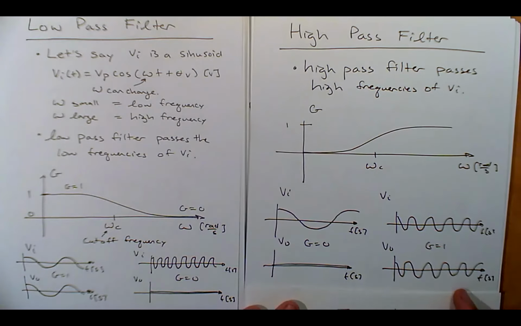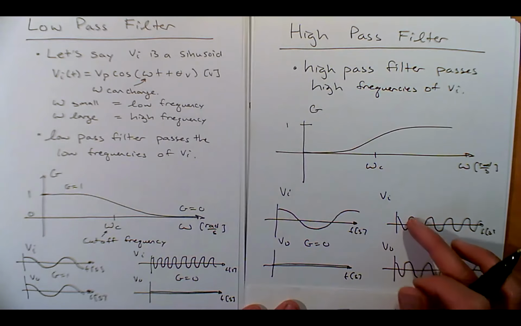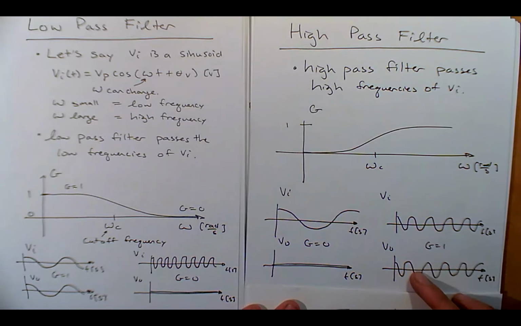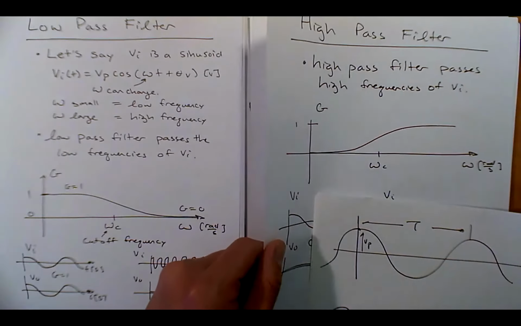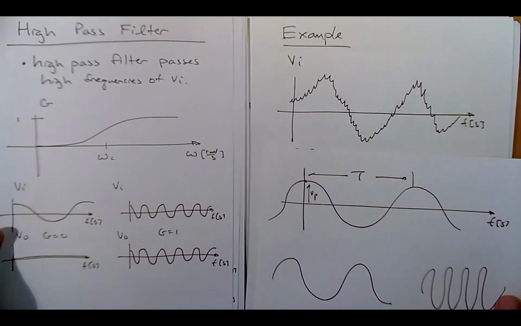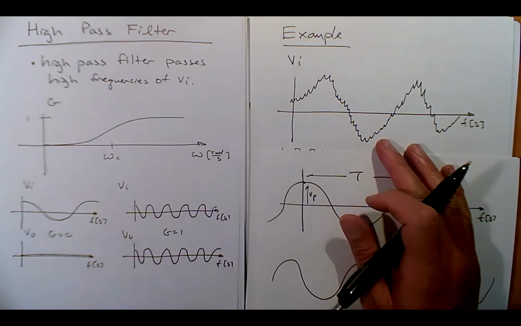Okay, and so this is what that looks like. Slow moving inputs, no output. Fast moving inputs, match. G is closer to 1. Now here's a nice example. Let's say you had a signal that had a combination of high and low frequencies.